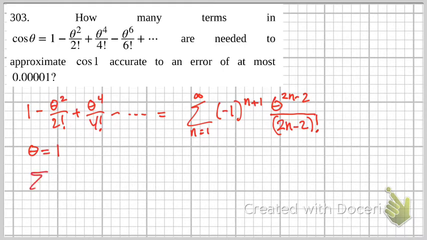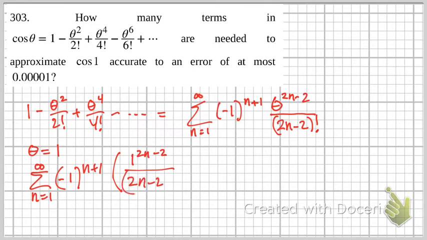So for our series, n equals 1 to infinity, of -1 to the n plus 1, what we're really dealing with here is 1 to the 2n minus 2 over 2n minus 2 factorial. Okay, so this is what we're going to look at now.